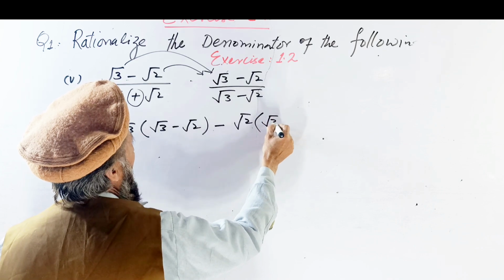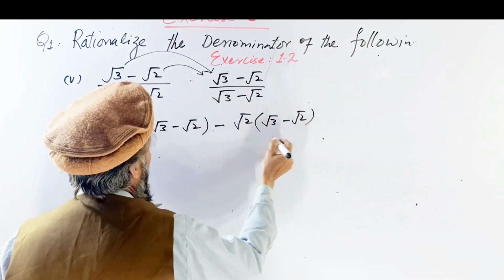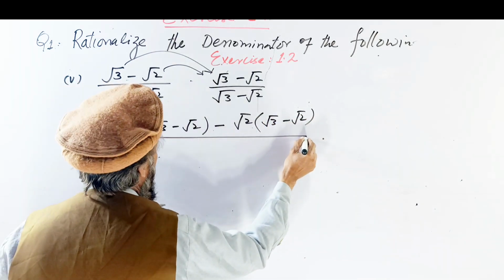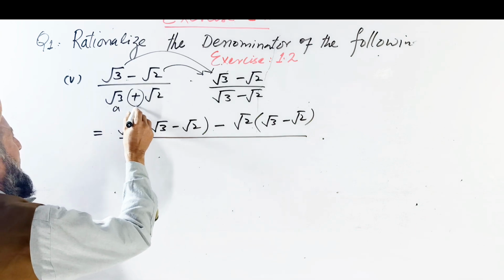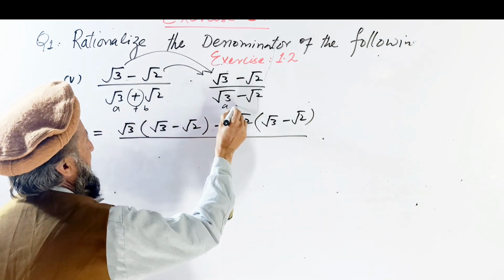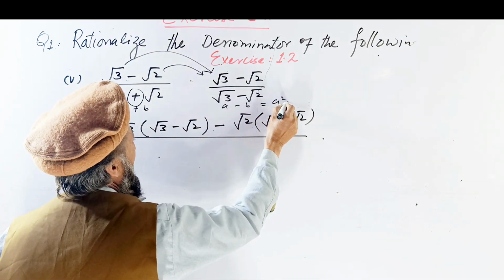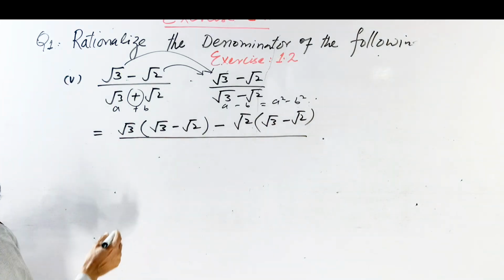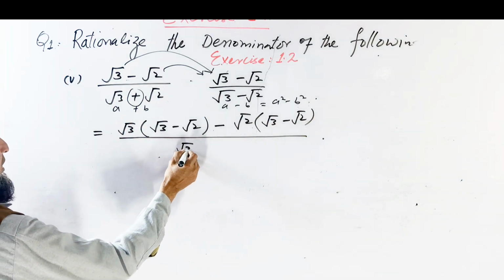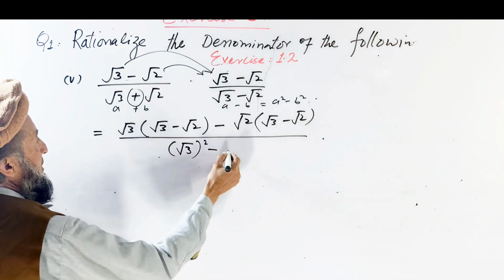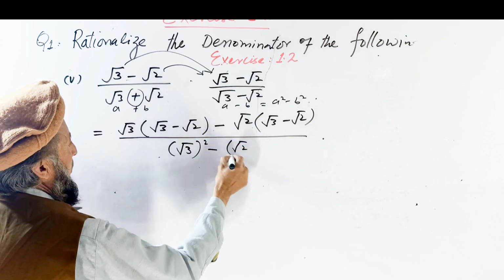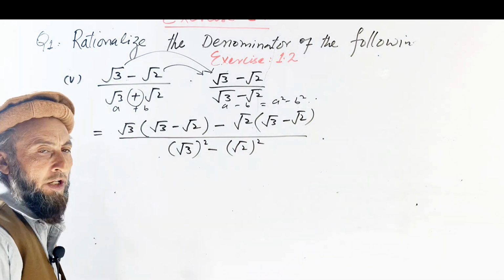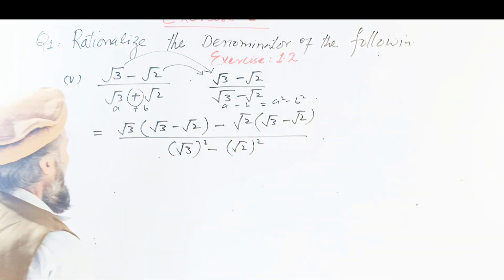Root 3 minus root 2 into root 3 minus root 2. For the denominator, always a plus b and a minus b gives a square minus b square. So we use root 3 whole square minus root 2 whole square according to this formula.